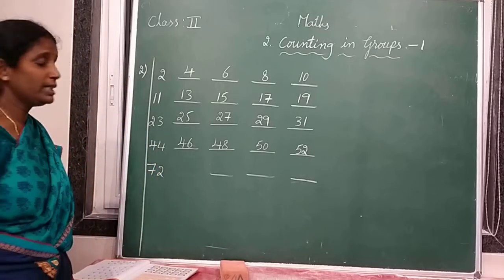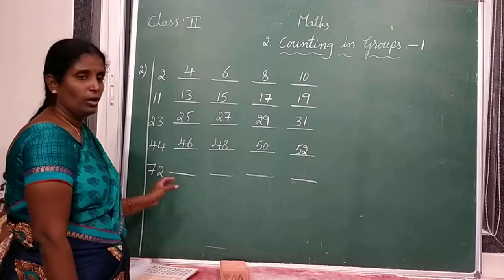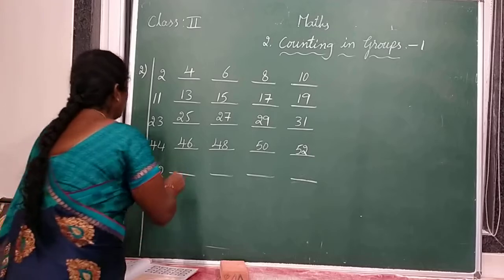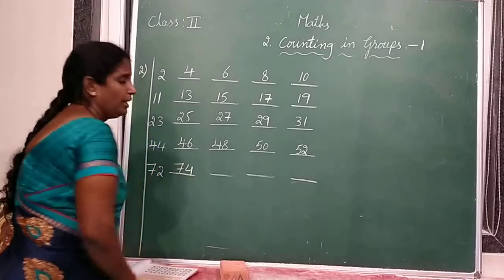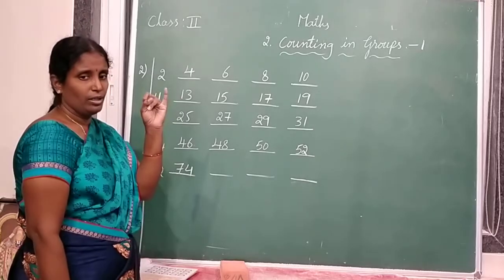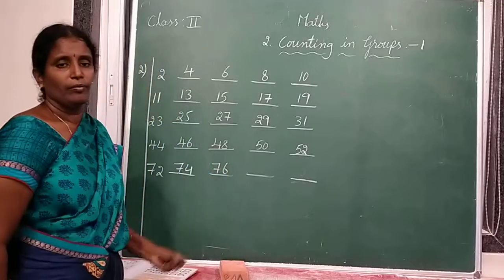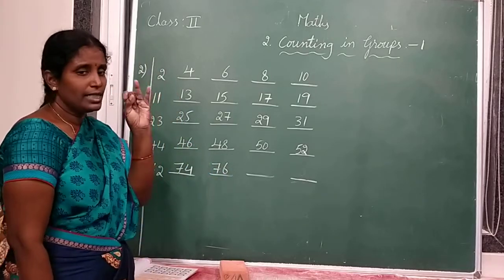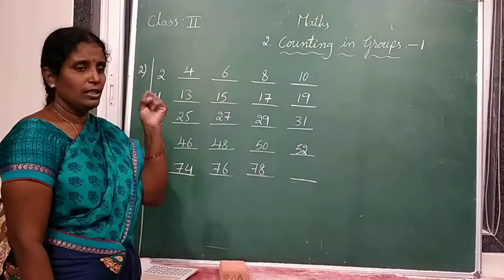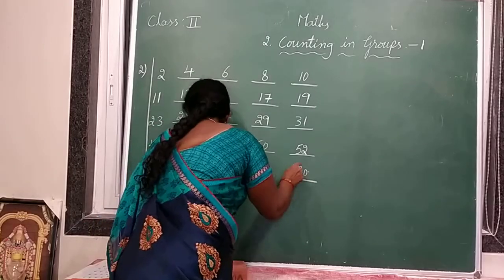After 72 in skip counting in twos, counting in twos. 72 after 73, 74. Next 74. After that 75, 76. Again 77, 78. Next 79, 80. So once check these answers.